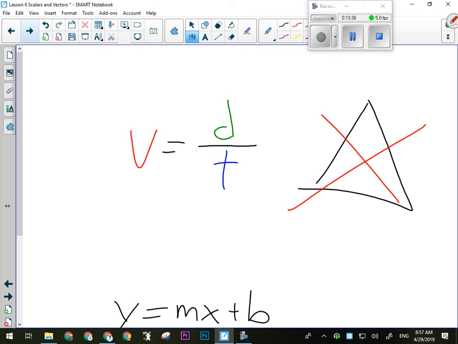If I want to manipulate V equals D over T to solve for D, what should I do? I want to get D by itself.